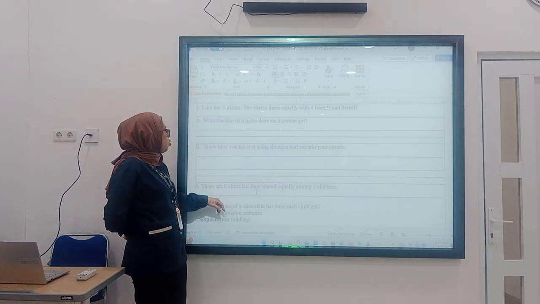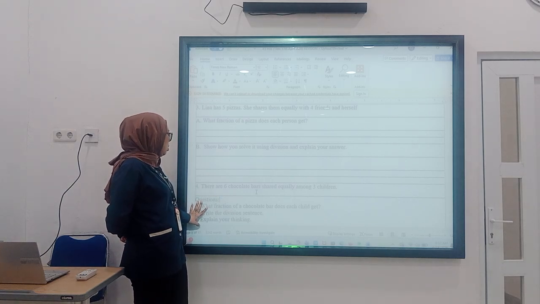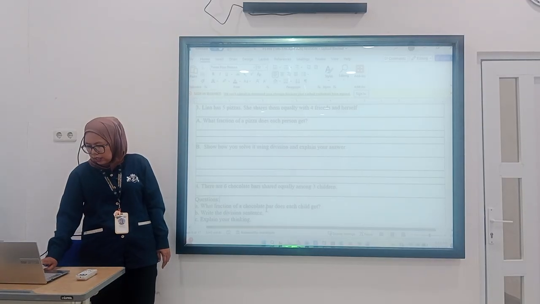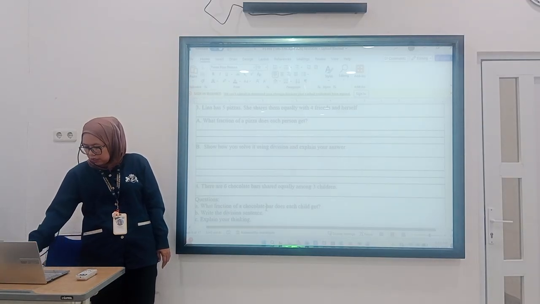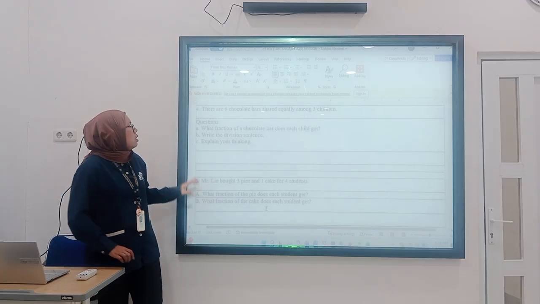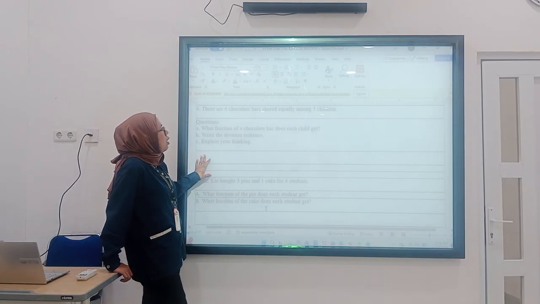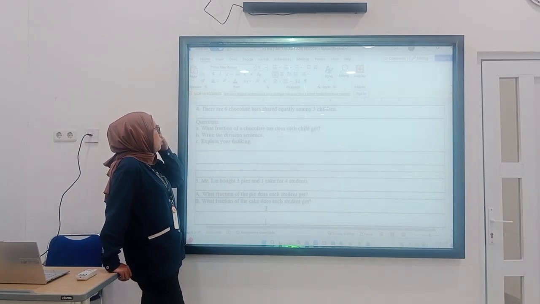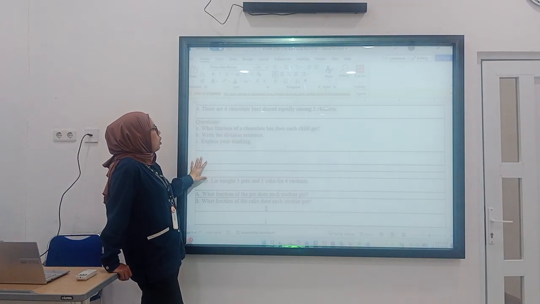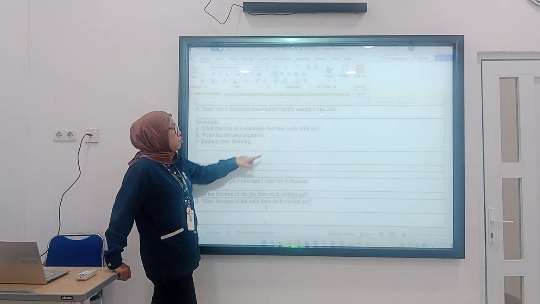And then there are 6 chocolate bars shared equally among 3 children. What fraction of a chocolate bar does each child get? Write the division sentence and explain your thinking. So for number 5, to answer this, we divide 6 divided by 3 equals 2.